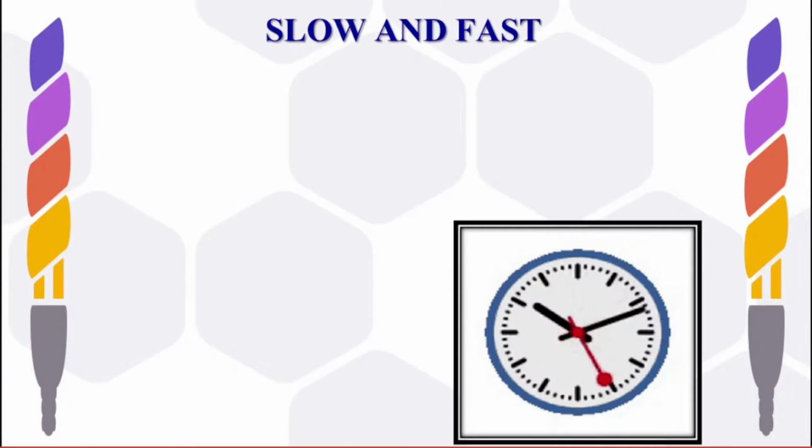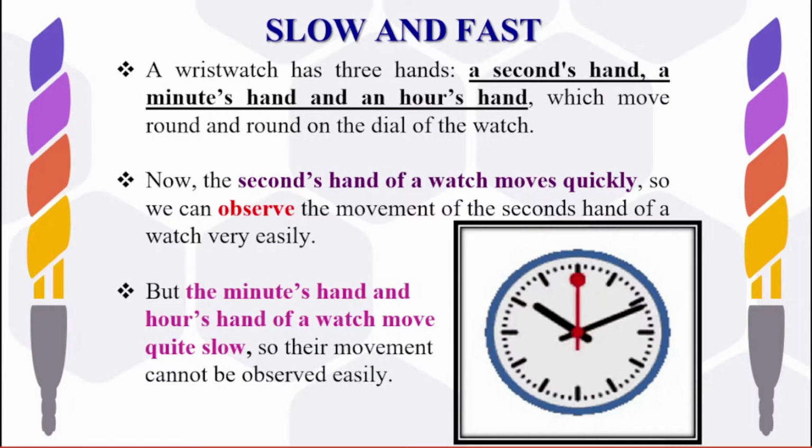Slow and fast. So look at the picture. The clock has 3 hands, already well known: the seconds hand, the minutes hand, and the hours hand, which move around and around on the dial of the watch. The second hand of a watch moves quickly, so we can observe its movement very easily, yes or no?